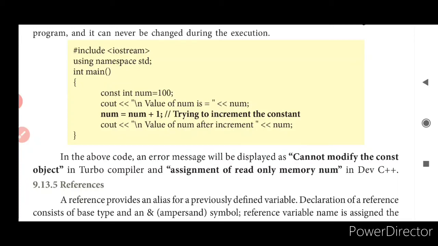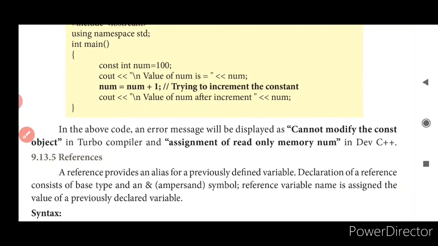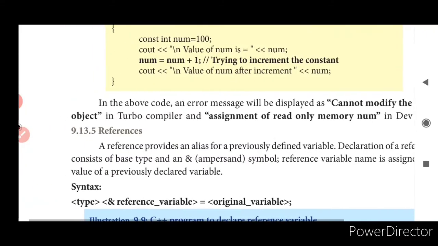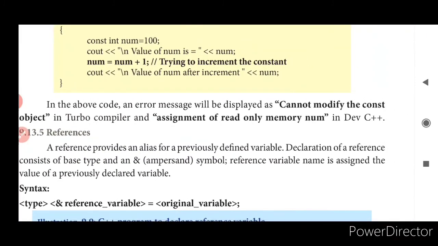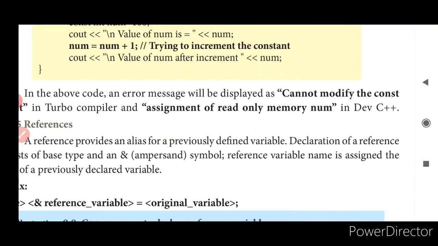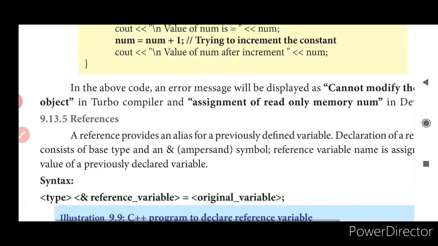It is because we have given it as constant. So, an error message will be displayed specifying cannot modify a constant object in the Turbo compiler, whereas in Dev C++ you will get assignment of read-only variable num. Forget about Turbo, just have a look at your Dev C++: assignment of read-only variable num.